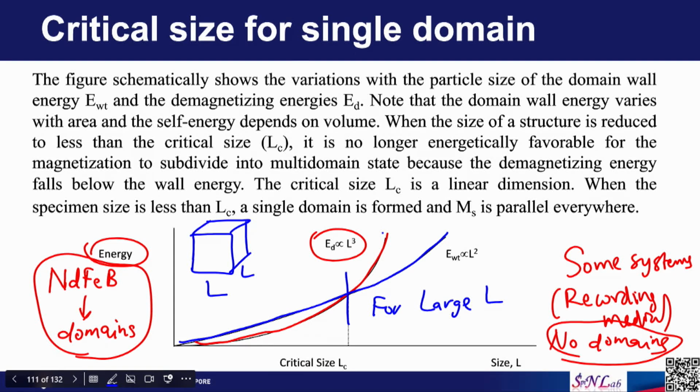So here we will have formation of domains. On the other hand, if L is small, below a certain critical size, now the domain wall energy is more than the magnetostatic energy. So in this case, no domains will be formed.